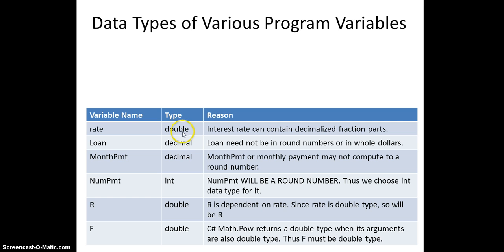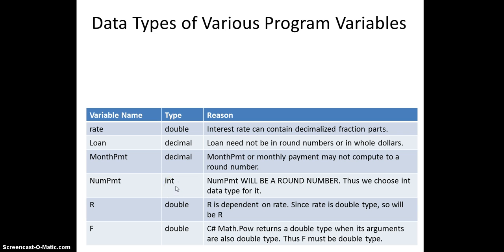But rate is a fraction, so that could be double type. The interest rate can contain decimalized fraction parts. Loan is money, so that has to be declared a money type, and its declaration technique will be shown later. Monthly PMT is money, that has to be declared decimal type, and it may or may not compute to a round number. NumPMT has to be int type because it's the number of payments.